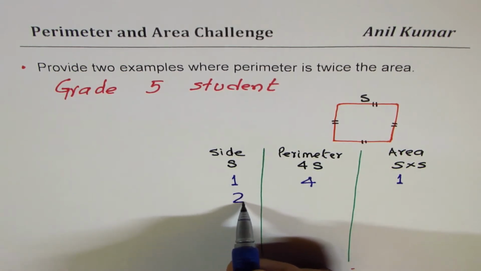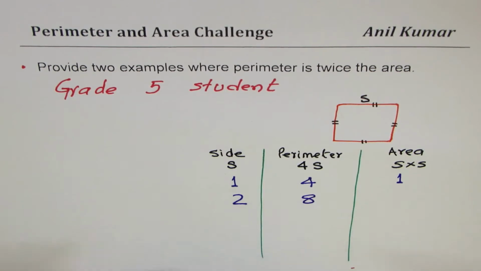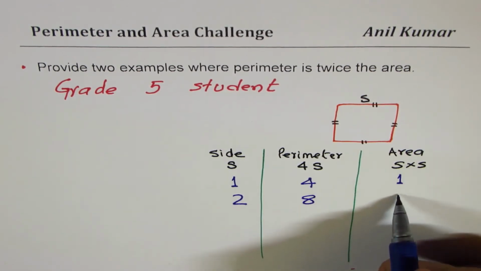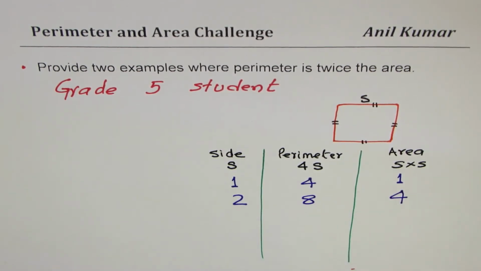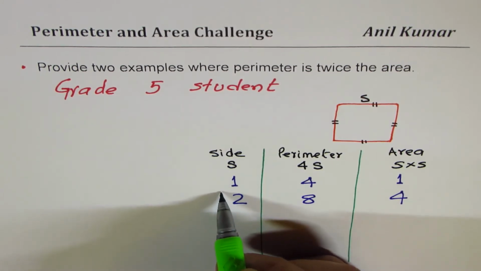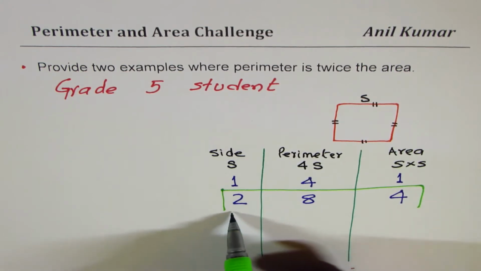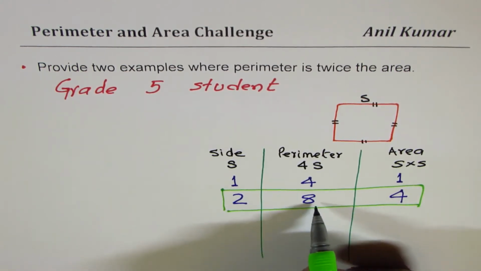Now if I take this as 2, I get 4 times 2 as 8, and 2 times 2 as 4. So you notice that for a side length of 2 units, it could be centimeters, meters, whatever you choose, perimeter is twice, right?